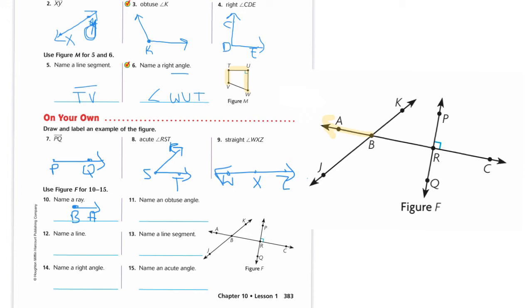Number 11 says name an obtuse angle. So it has to be greater than 90. Let me do this so we don't get confused.